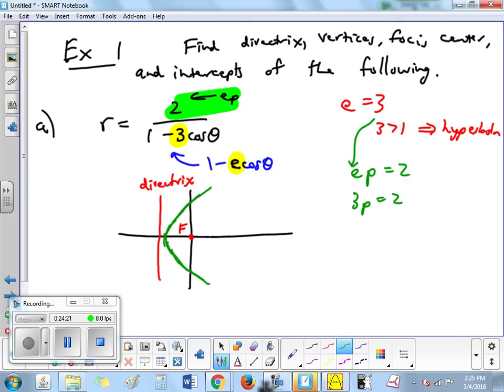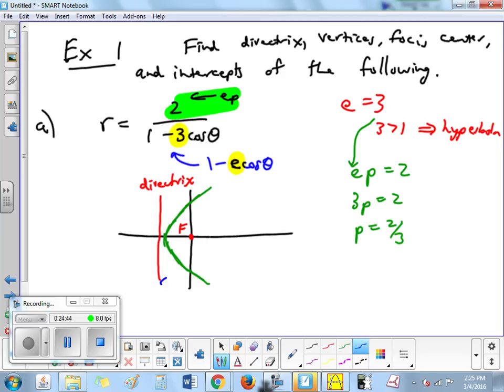What does this tell us? P is 2/3. What is P? What does it mean? Look back at your diagram. It's the distance from the directrix to the focus, or you could say the distance from the directrix to the pole or origin. Good.